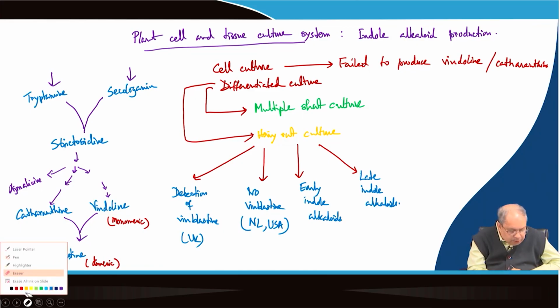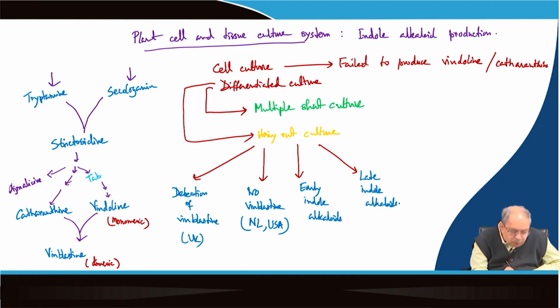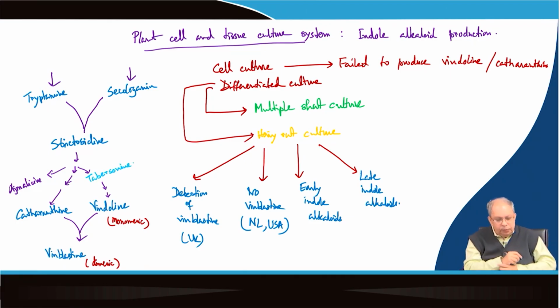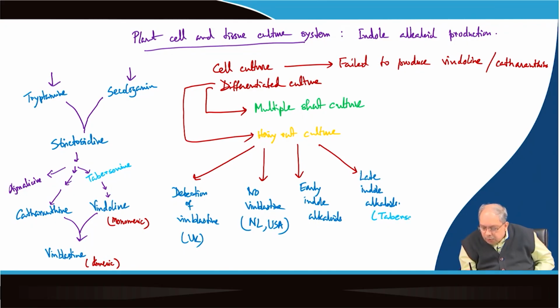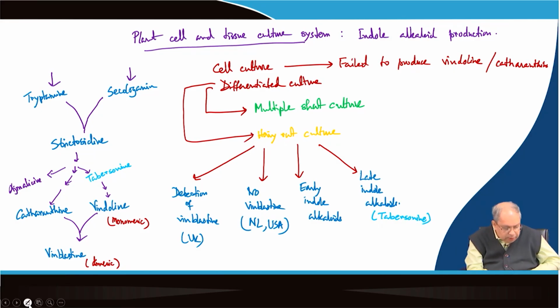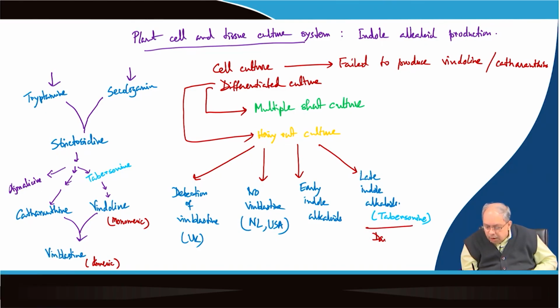So, I will write tabersonin now with the pen. So, late indole alkaloids, for example, tabersonin detected, but this is detected in hairy root cultures when they are grown under dark condition.